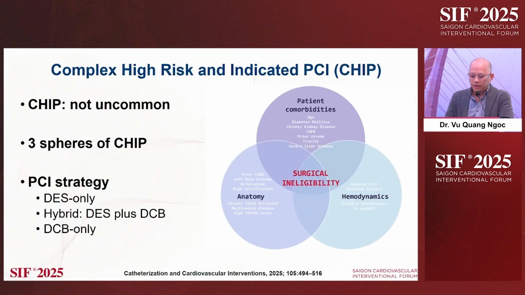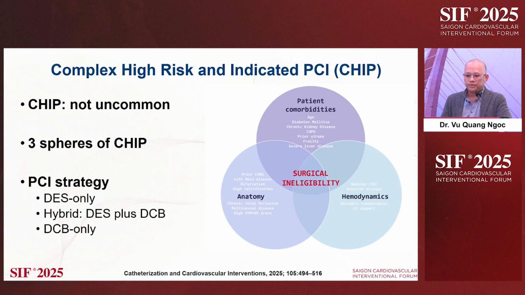So the concept of complex hybrids and indicated PCI, or CHIP, originated in 2016, so it's nearly 10 years ago, and it is not uncommon in our daily practice. We have three spheres of CHIP, based on the patient's aspect, the anatomy of the coronary vessel, and also the hemodynamic status.